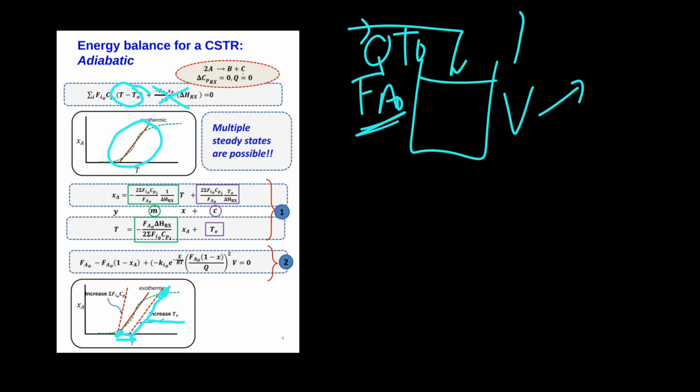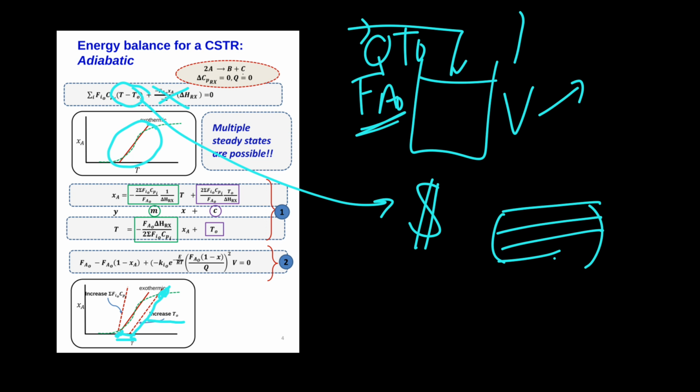Of course, increasing your T0 also costs money because you have to build a heat exchanger and you have to have a duty, a heating oil or steam that you can use to heat up your feed stream. If you want to manipulate variables in your mole balance, this activation energy is going to be out of your control because it depends on the thermodynamics and the interactions between the different molecules.